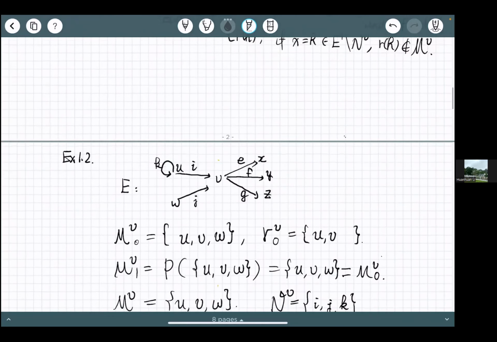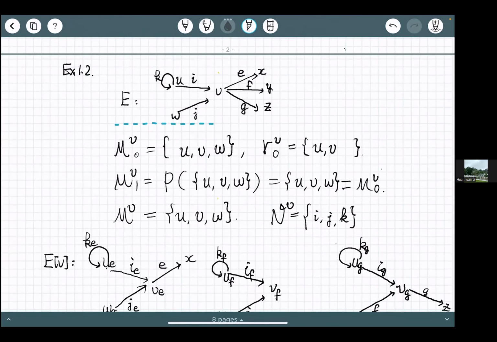So let's see. We have this graph E. V is the middle vertex. This is the bifurcation vertex we choose. In order to write down the graph EV, we need to calculate the MNV.